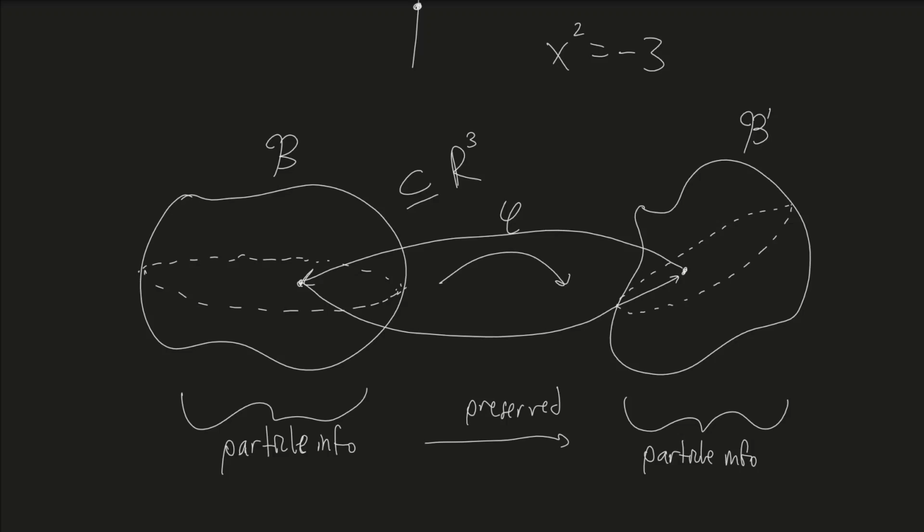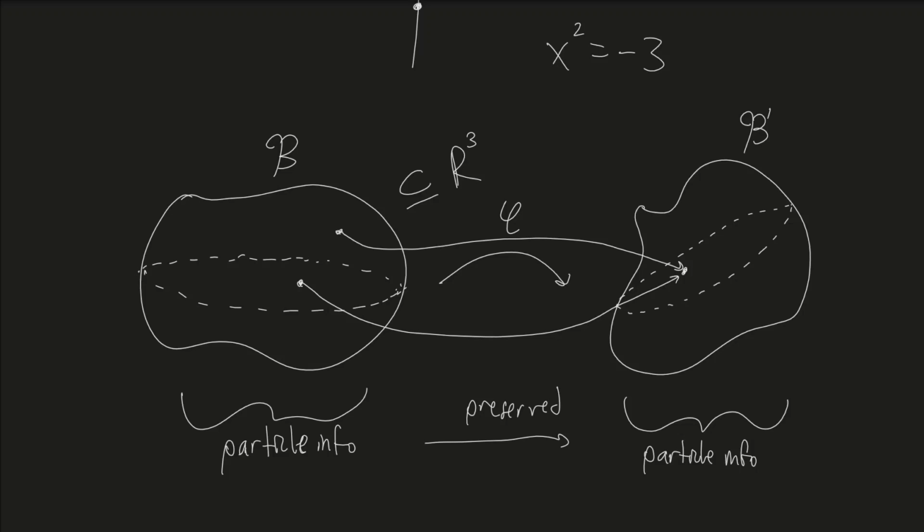Okay, well, where could this potentially get messed up? Well, let's say we have two distinct particles in B, and they both deform to the same location in B prime, so that they somehow merge to become one particle.